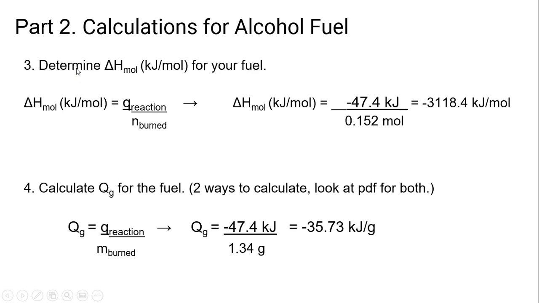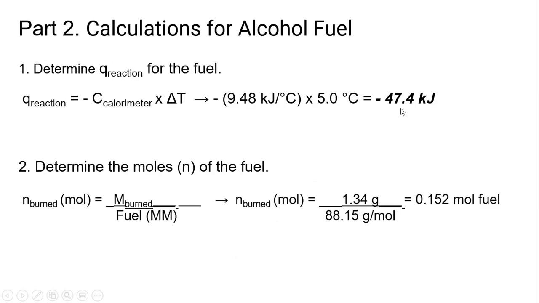So the first thing we're going to solve for is the change in enthalpy in moles. So this is kilojoules per mole. Here we have the change in enthalpy, and it's equal to Q reaction divided by the moles that were burned or combusted. So here we have what we determined from the first part.